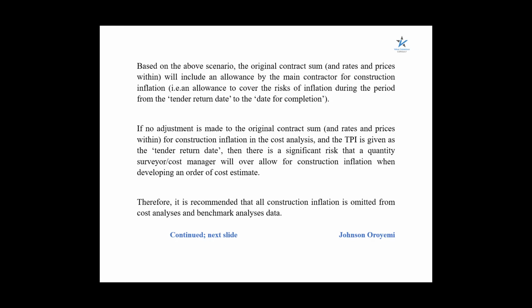So it is advisable that you remove the percentage addition for all these items: main contractor's preliminaries, profit and overhead, project management, and design fee. You remove it from your cost analysis before you apply your cost index. I hope we get that clearly.